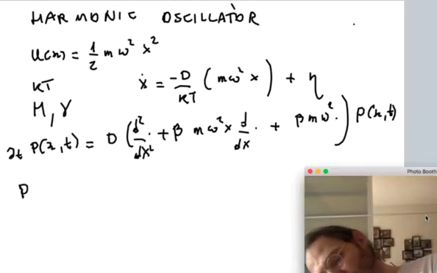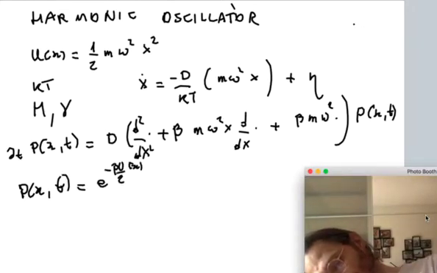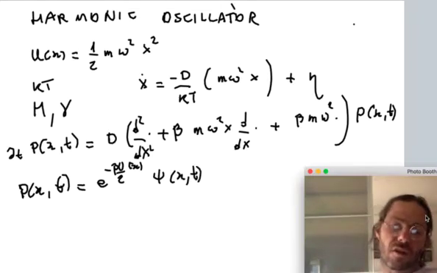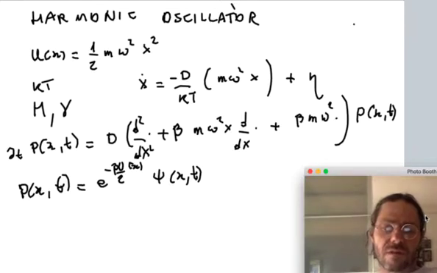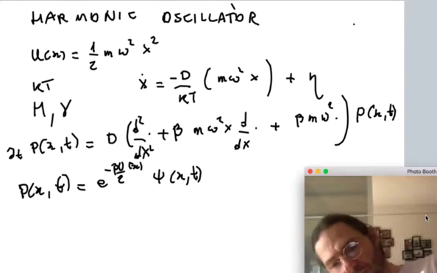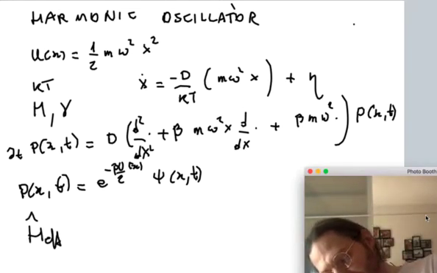So what do we do? We do the usual transformation we discussed in the last lecture. This is the non-unitary transformation that transforms the Fokker-Planck equation into the Schrödinger equation. The resulting Schrödinger equation for psi is an effective Hamiltonian times psi n equals lambda n psi n.